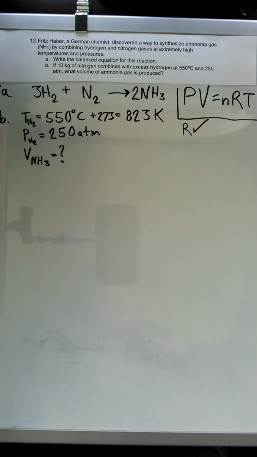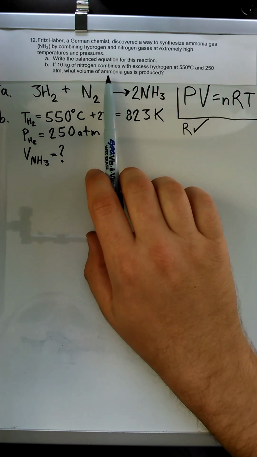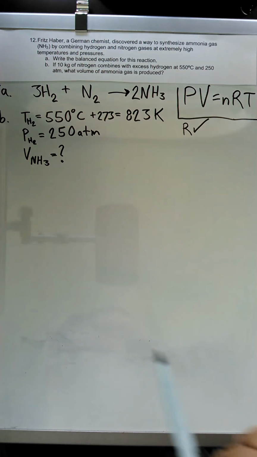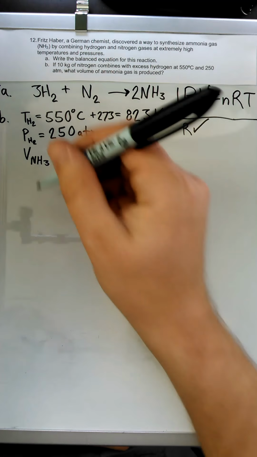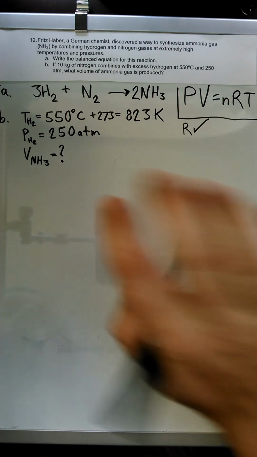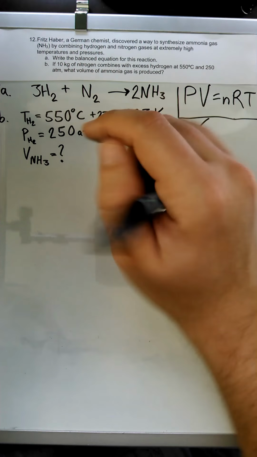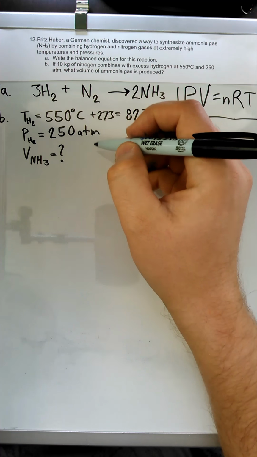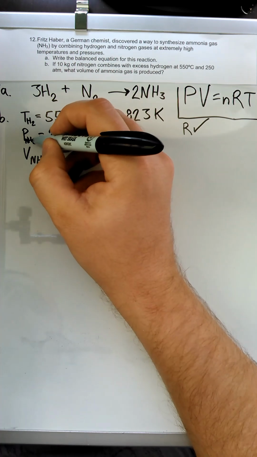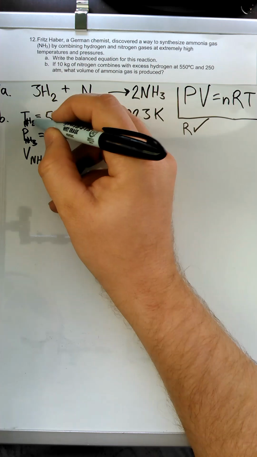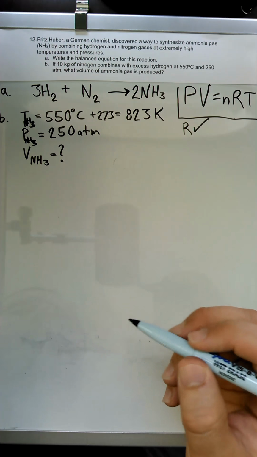What volume of ammonia gas is produced? I think I should say these will both be for the ammonia. The excess hydrogen is part of the reaction, so technically we could say this is for the ammonia, this is for the NH3. Just a little minor detail correction there.